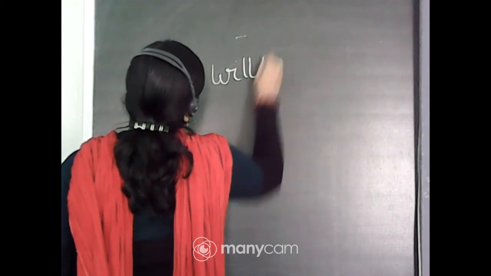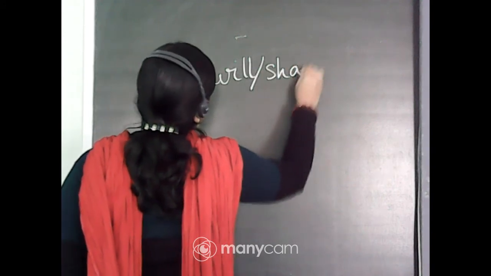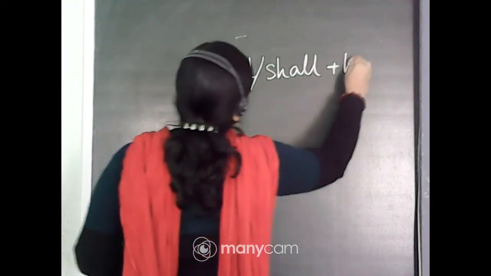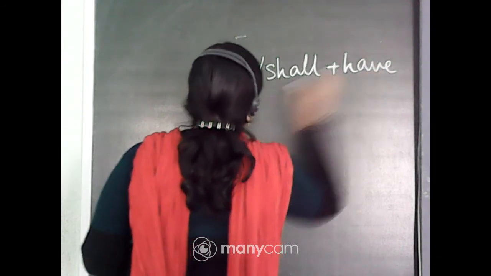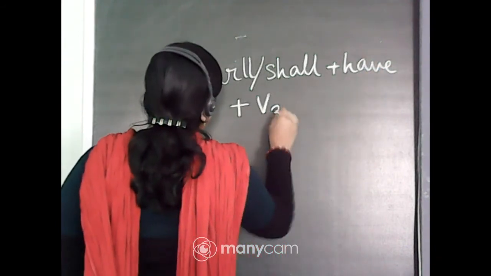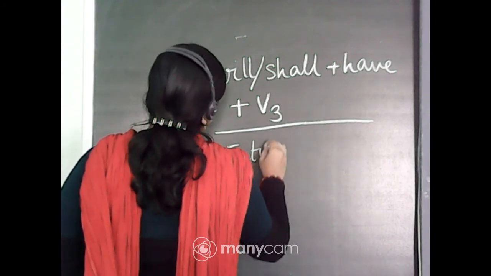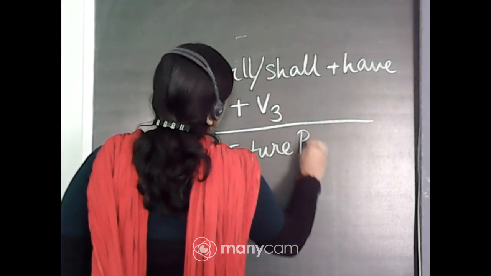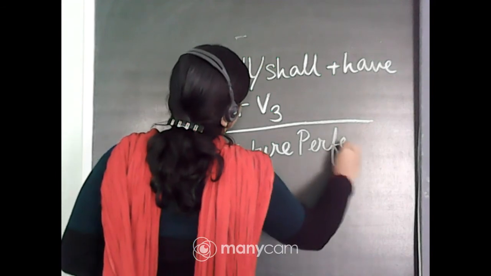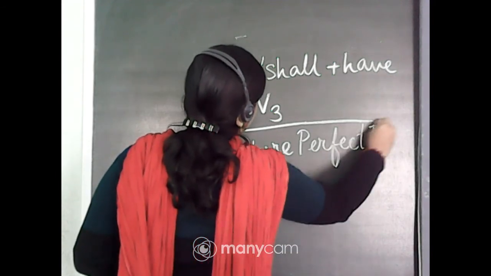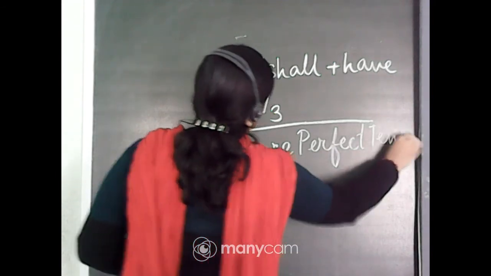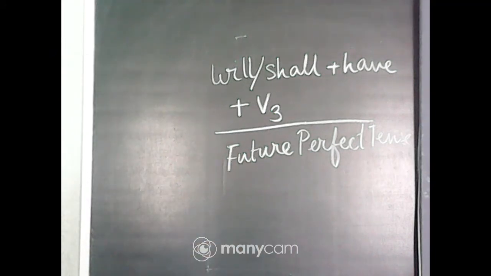The future perfect tense has the form will or shall plus have plus V3, obviously, because it's the perfect tense.